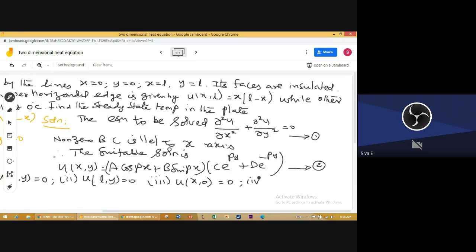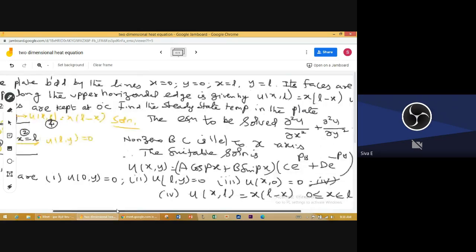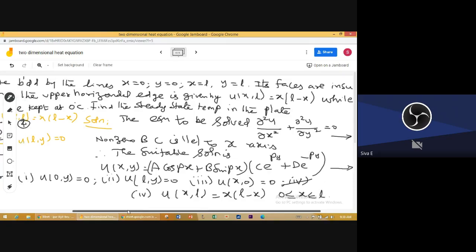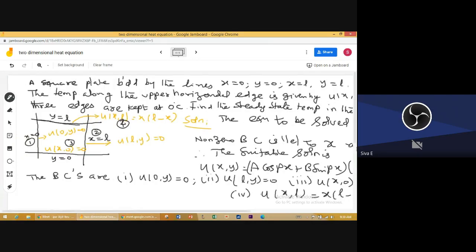Fourth boundary condition is the final boundary condition: u(x, L) = x(L - x), where the interval is 0 to L. So we have to apply the boundary conditions one by one in equation number 2.